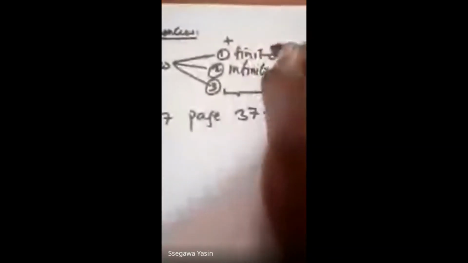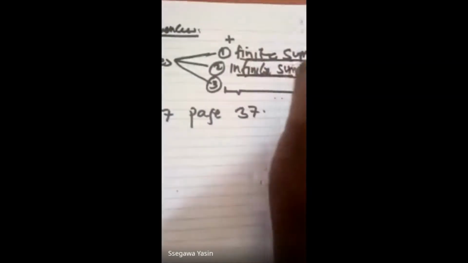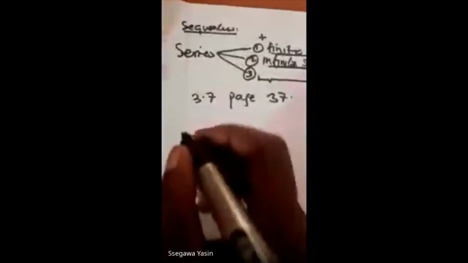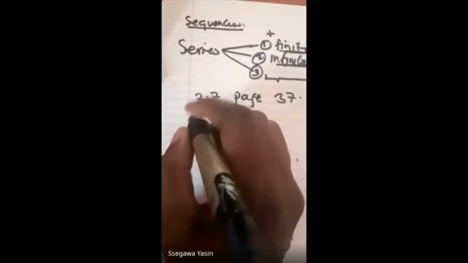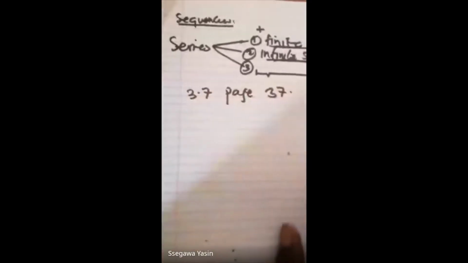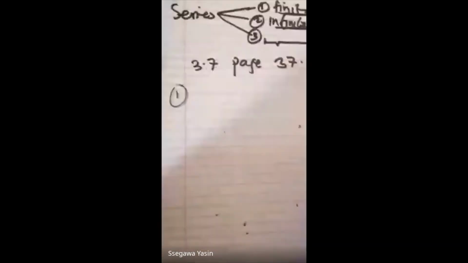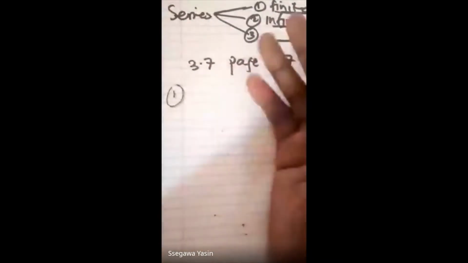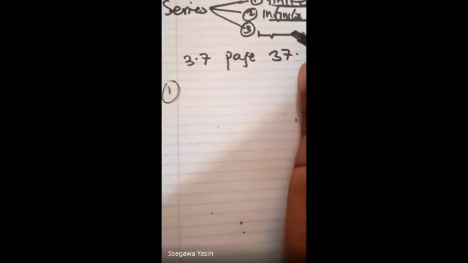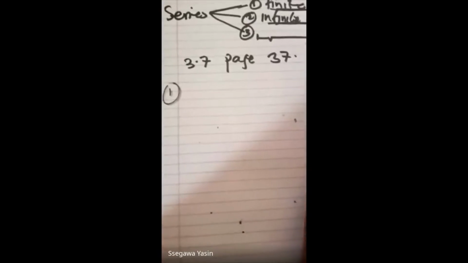Now, we are going to start with a finite sum. Finite sum, after that we go to infinite sum, and this is where we shall stop, I think. Now, when we go for finite sum, we should think of many things here. One, we can sum up squares, we can sum up cubes, we can sum up just numbers, and we have specific formulas.